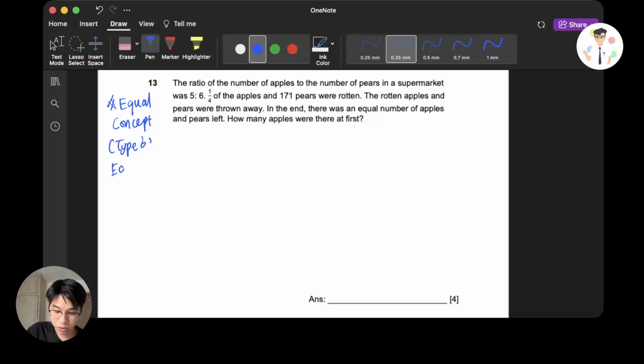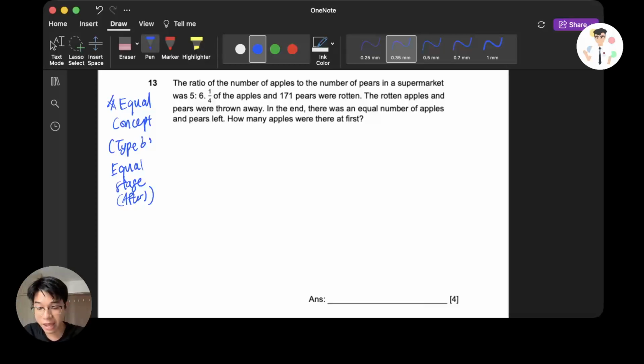But this type number 3 is equal stage after, and it is just slightly different from what we have learned, but the concept is the same. So this will be slightly challenging to some of you. But anyway, I still saw some of you that are able to get it, or at least to get the first stage or second stage idea, which I kind of appreciate and am happy with. So let's look at this question.